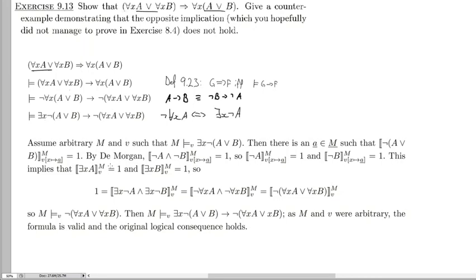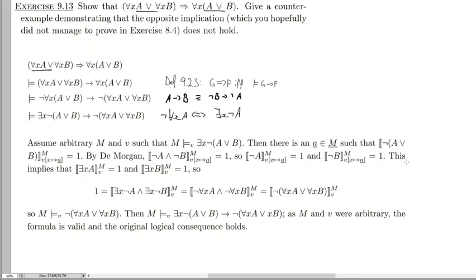And now by De Morgan's, this is true if and only if the negation of A and the negation of B under M and v is evaluated to 1. And then this again is true if and only if the negation of A is evaluated to 1 and the negation of B is evaluated to 1.